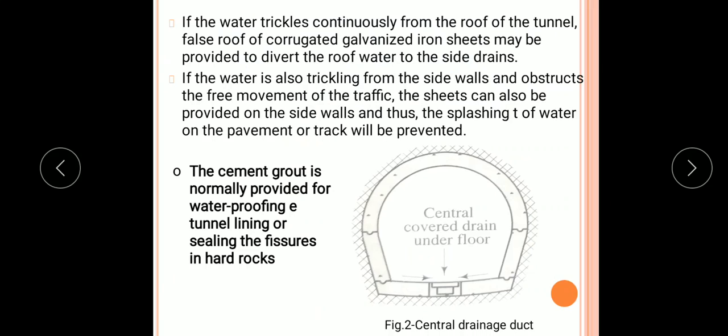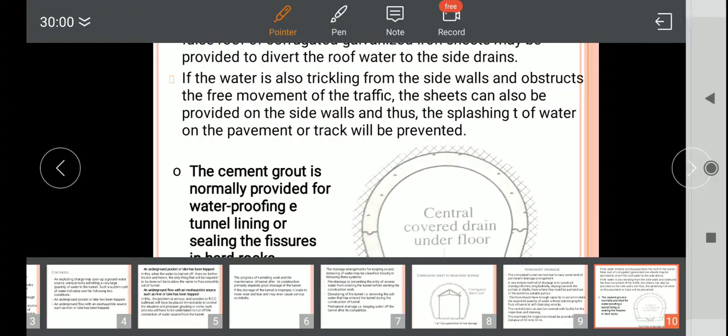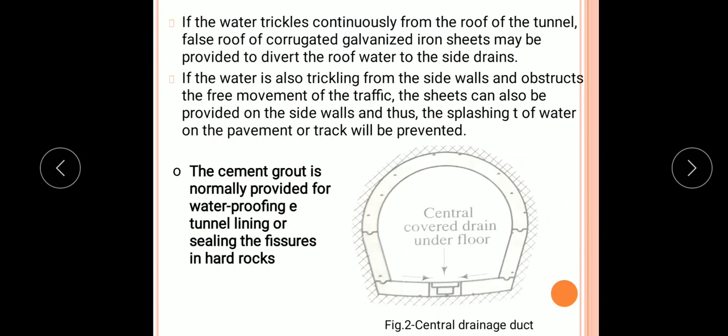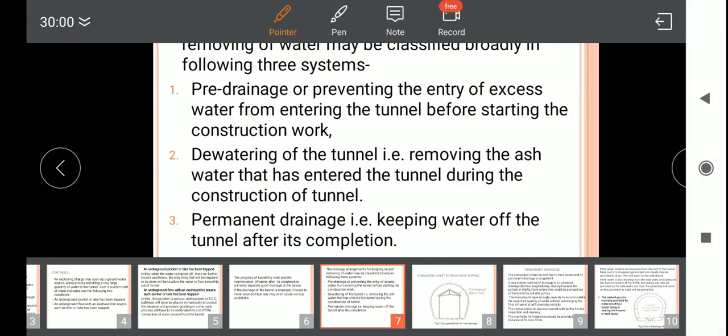If water is also trickling from the side walls and obstructs the free movement of traffic, the sheets can also be provided on the side walls, and thus the splashing of water on the pavement of the track will be prevented. Here we can see a central drain and side drains are provided. The central drain is under the roof, and these are the side drains.